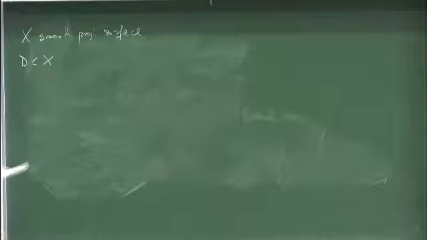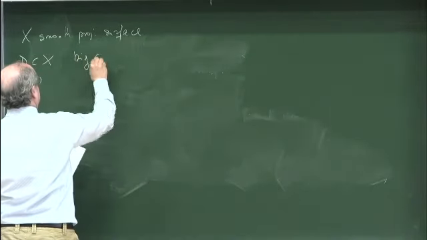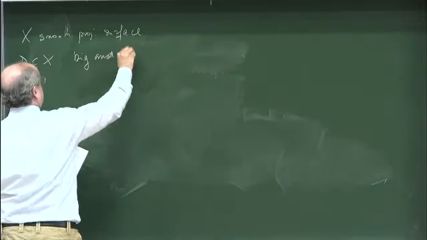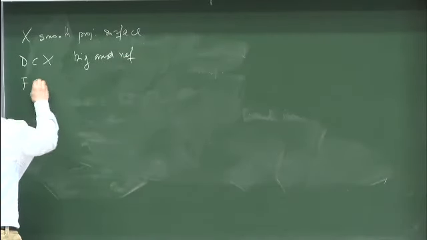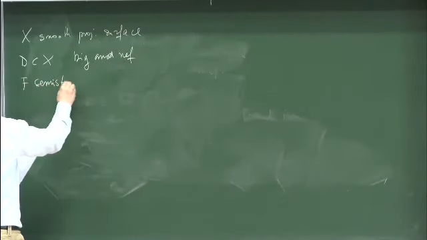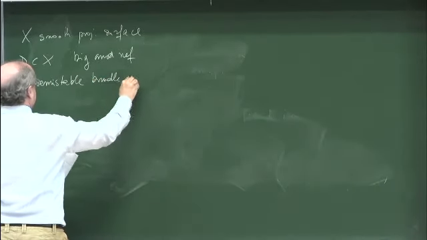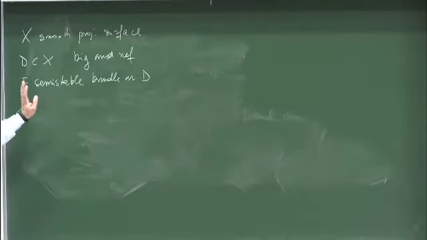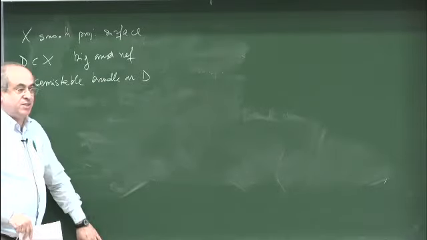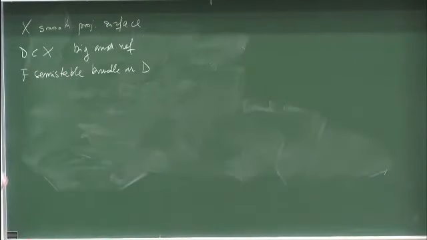I choose a big NEF divisor in it. And I take a semi-stable bundle on it. Actually, the theory works under a numerical condition which is somehow weaker than semi-stability, but really it's a very small generalization, so we don't bother about it.